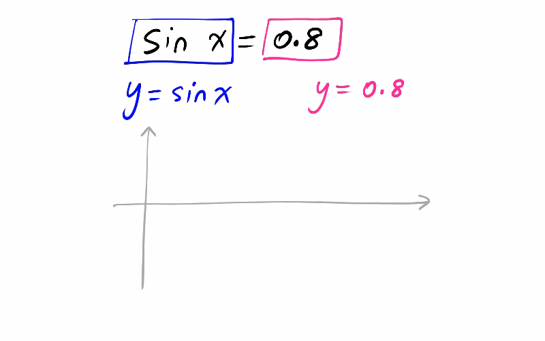Let's say the range here is between 0 and 360 for the x values. Now what do we know? The period is 360 divided by 1, so 360 degrees.